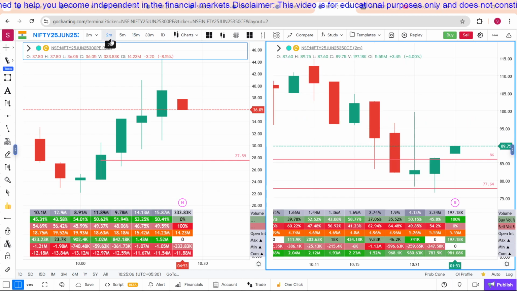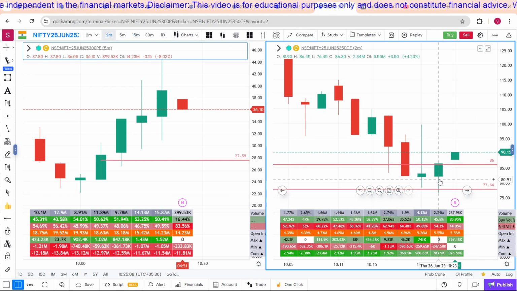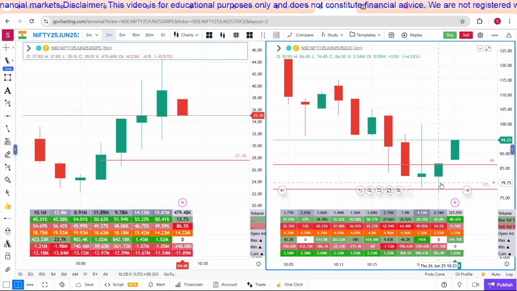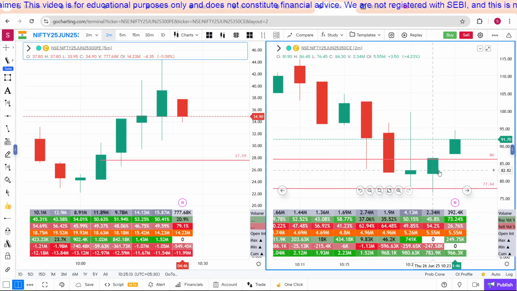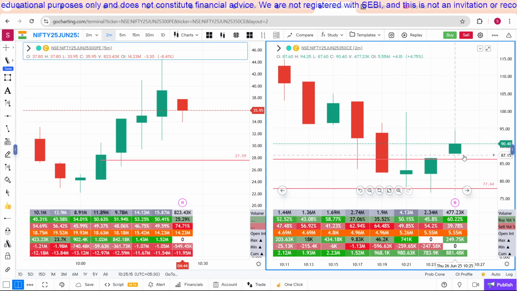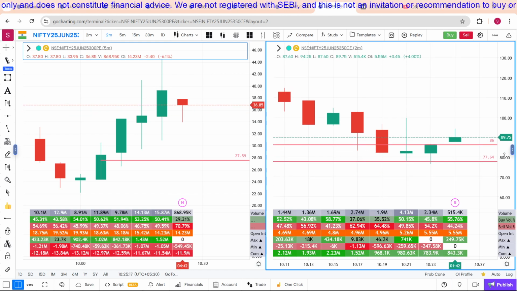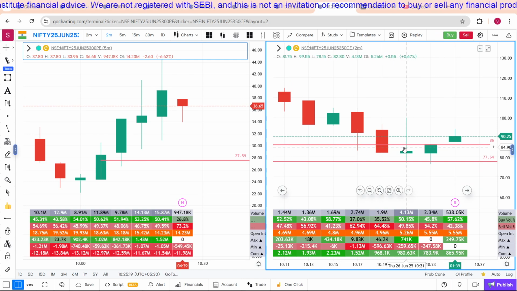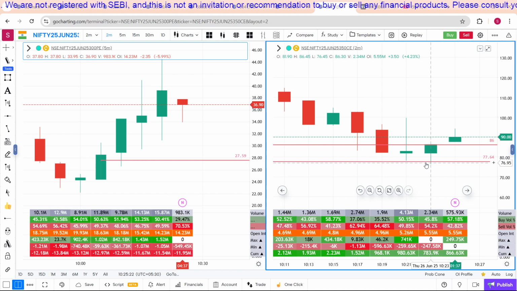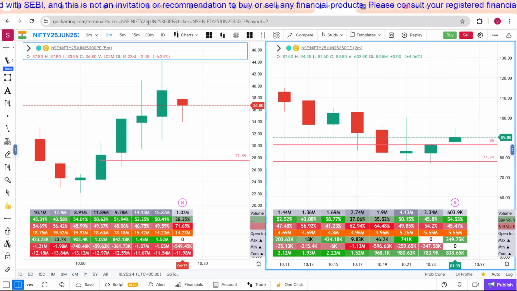Okay, change it to 2 minutes. And this candle has crossed above. And these are all the resistances. The first 15 minutes candle support is here.